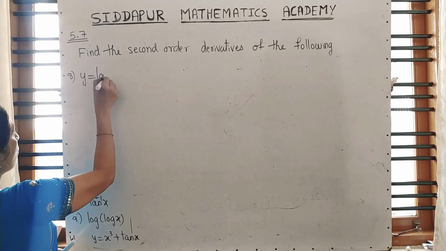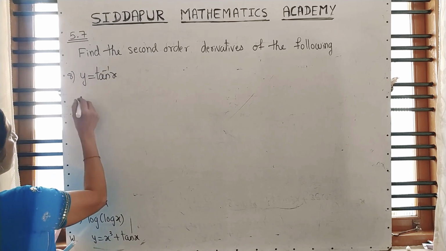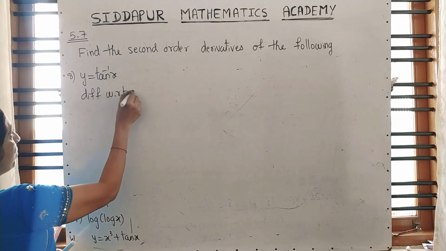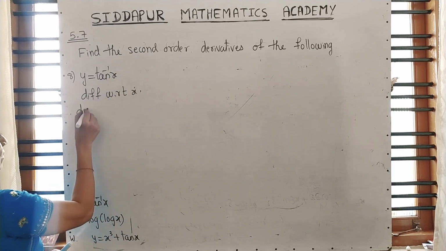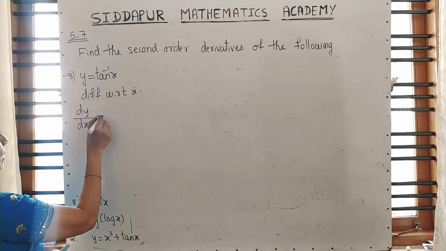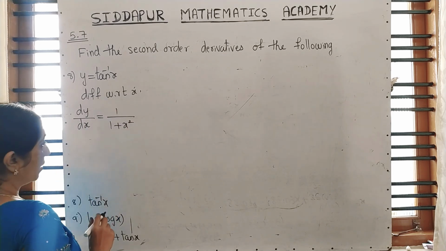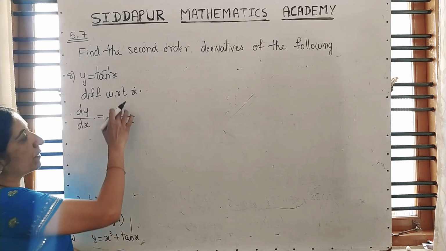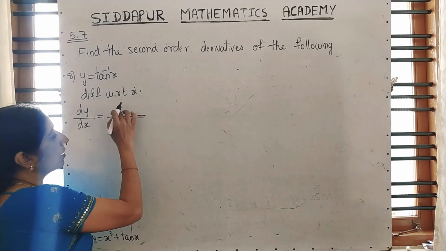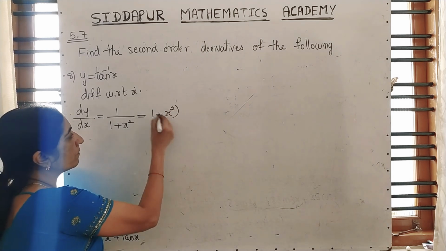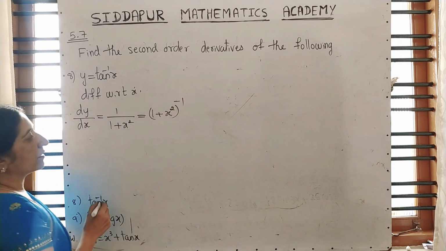y is equal to tan inverse x. First differentiation. Differentiating with respect to x, dy upon dx is equal to 1 upon 1 plus x square. For the second derivative, you can apply the u by v method, or since there is no x in the numerator, it will be written like this.